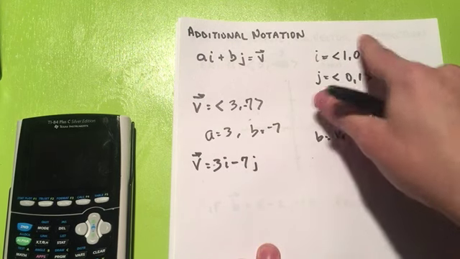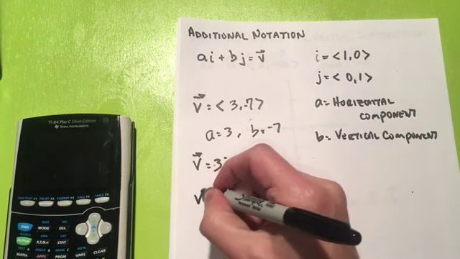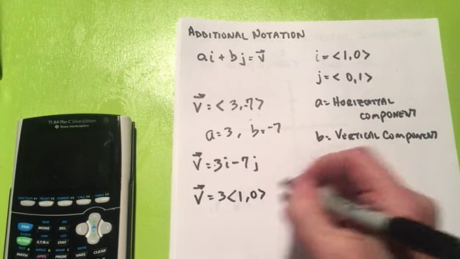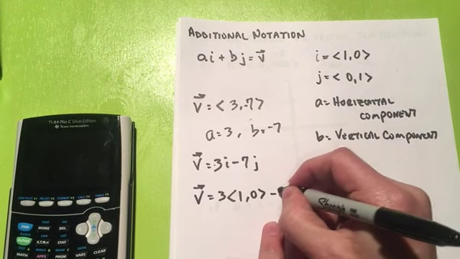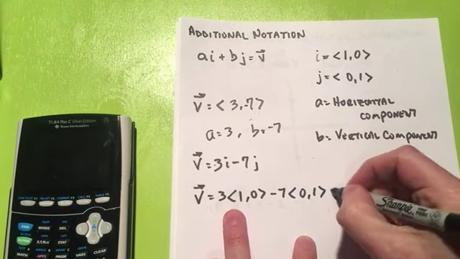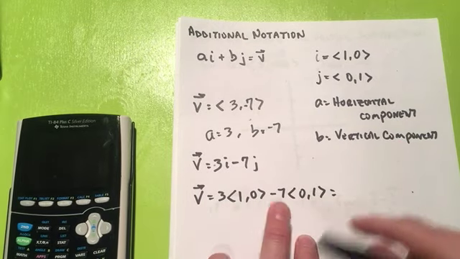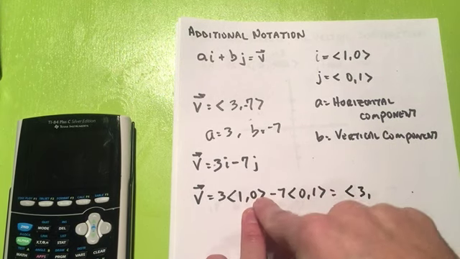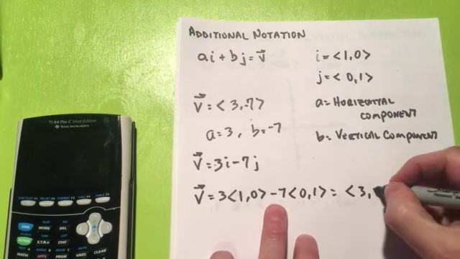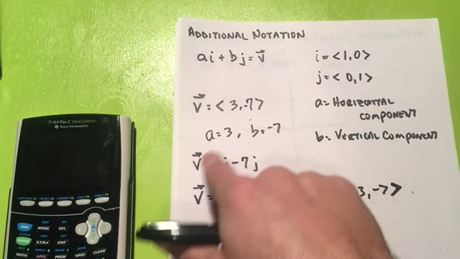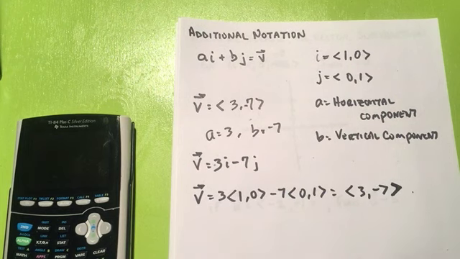This comes into play with our unit vectors, in that this is 3 times <1, 0>, scalar multiplication, minus 7 times <0, 1>. We've got 3 times 1 plus 0, 3 times 0 minus 7. That's a -7. So this ai plus bj format is just a different way of writing an algebraic vector.